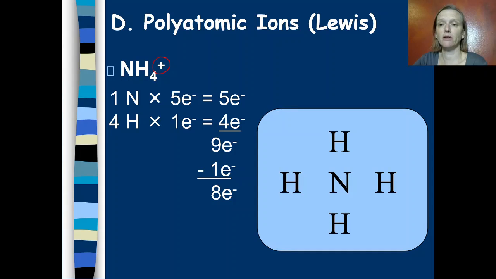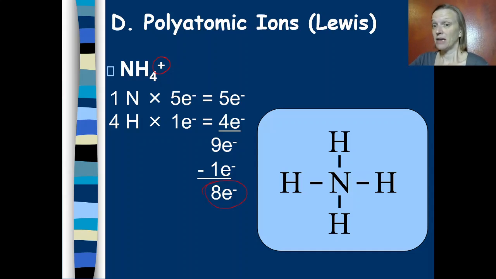Nitrogen goes in the middle because it's the singleton atom, also because hydrogen can never go in the middle. We connect everything with the minimum number of covalent bonds needed to join the atoms. When I do that, that is 1, 2, 3, 4, 5, 6, 7, 8 electrons. I have drawn all the electrons that I have available to me.